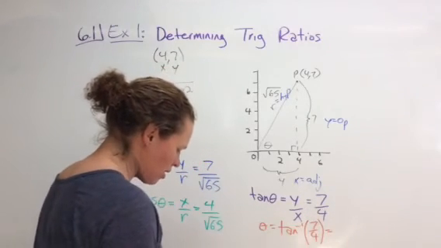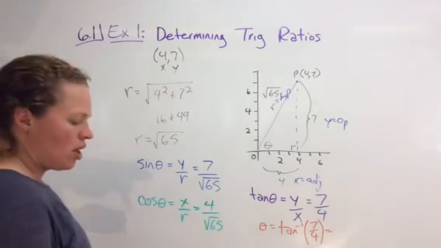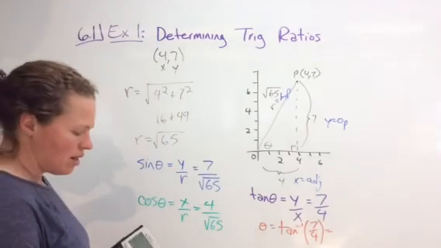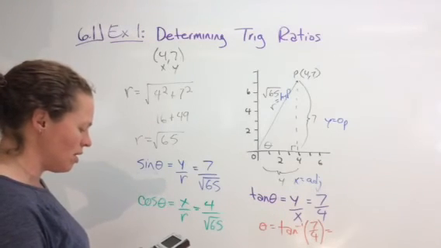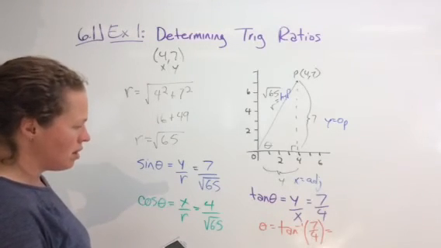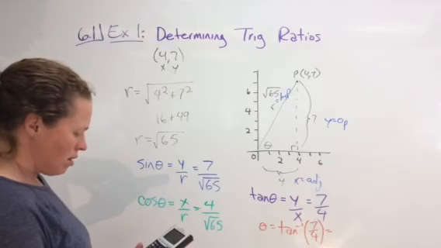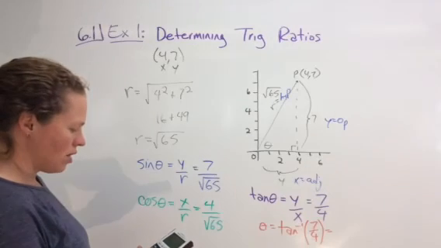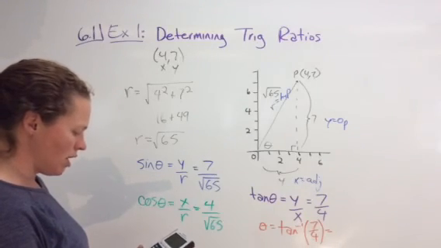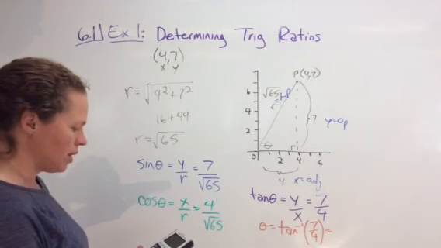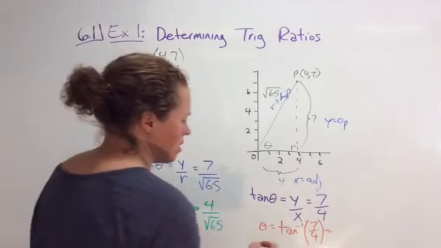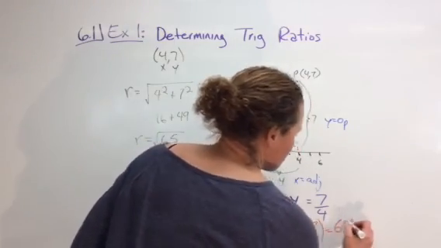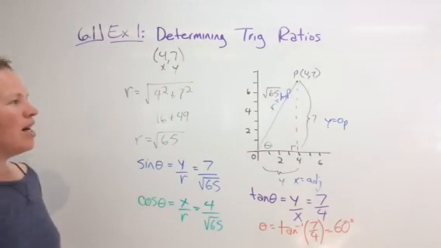So I go in my calculator, I make sure I'm in degrees, not radians, in my mode. So I could hit my mode button and make sure I'm in degrees. And second function tan, 7 divided by 4, close bracket, gives me, and it says to the nearest degree, so 60 degrees is fine. So at that very last part, they're okay with rounding off.